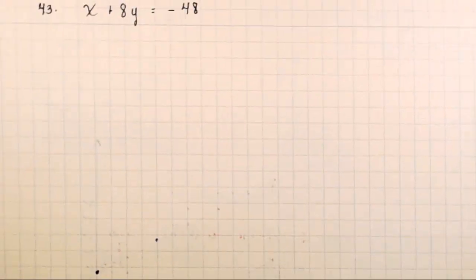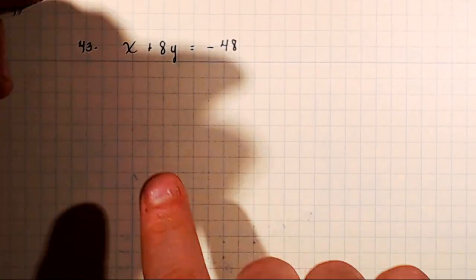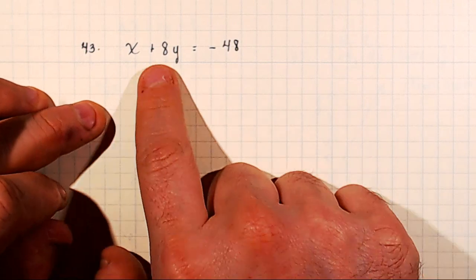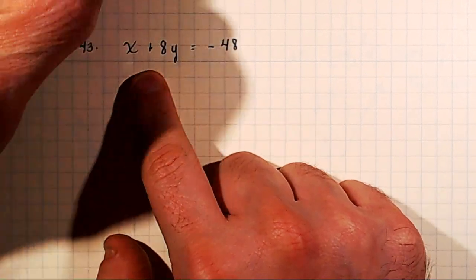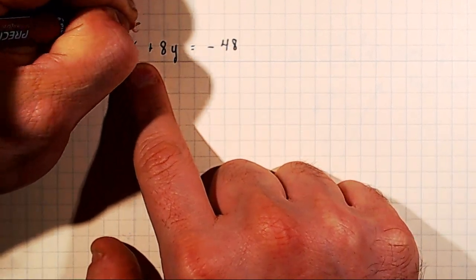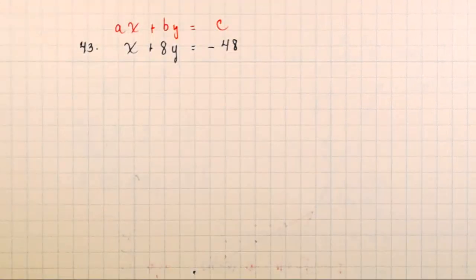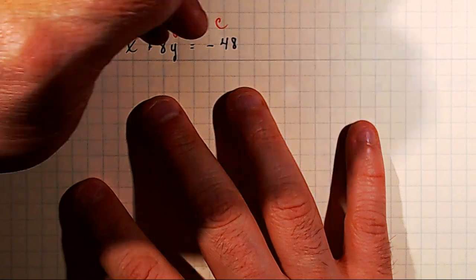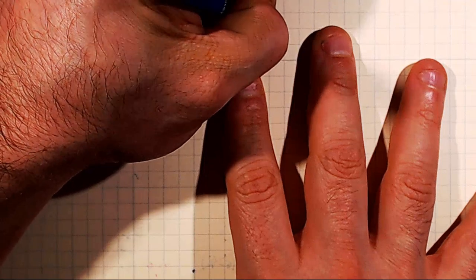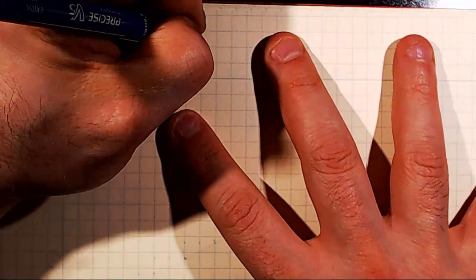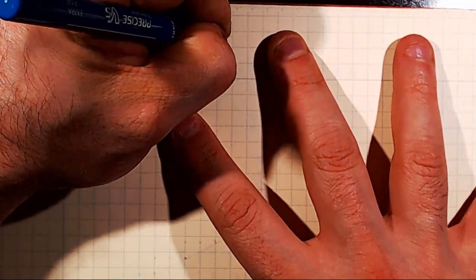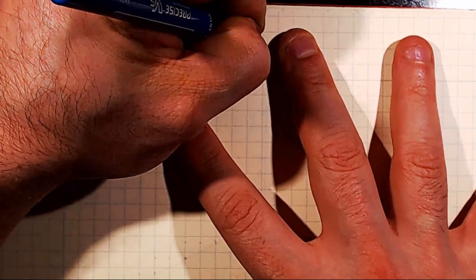Transition back. Here's the problem. We want to convert this to slope-intercept form. So this is currently in standard form, ax plus by equals c. Okay, what we want is slope-intercept form. We want to convert this to y equals mx plus b.